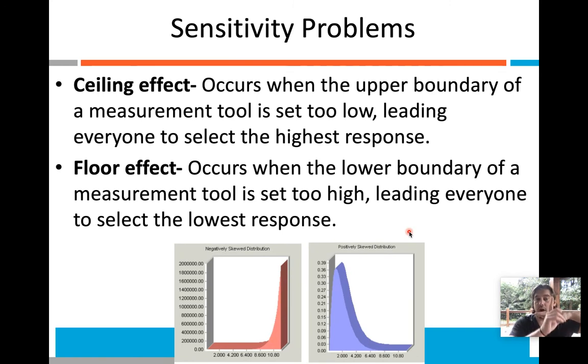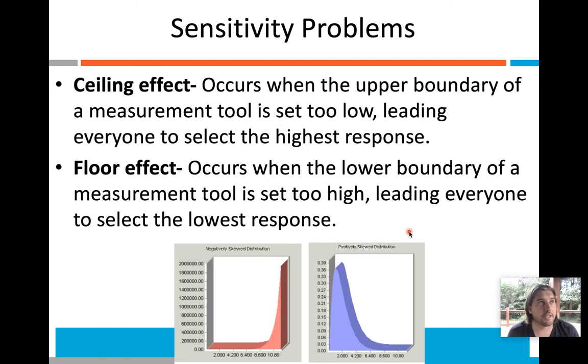They want to go higher. People would like to answer above your ceiling, but you've set your ceiling too low and people are incapable of breaking through that ceiling because your measurement scale doesn't allow it. Your upper boundary is set too low.